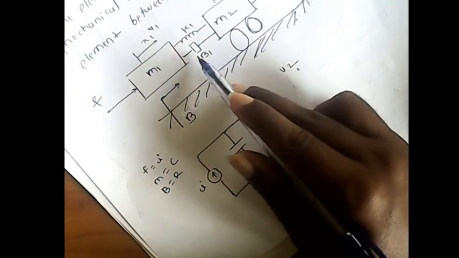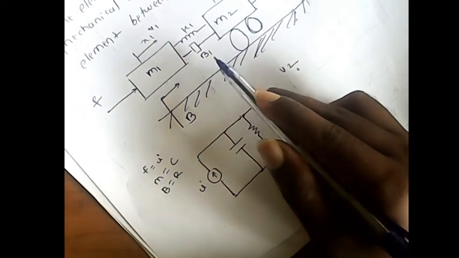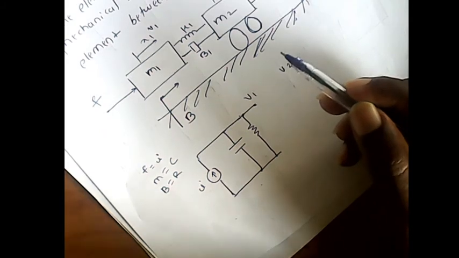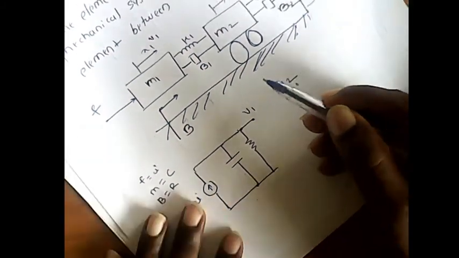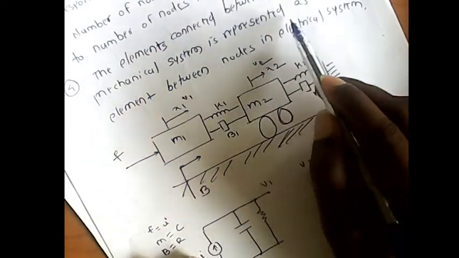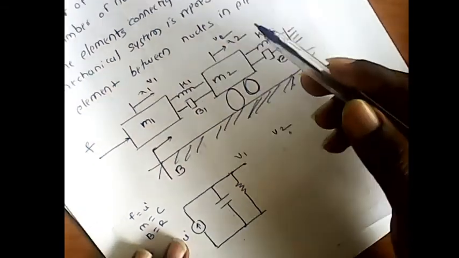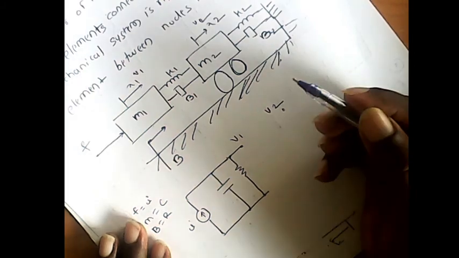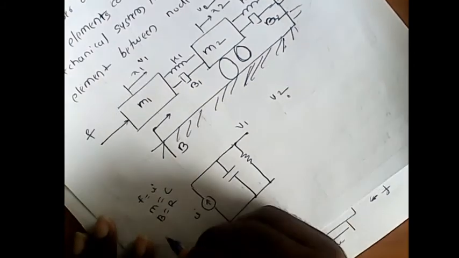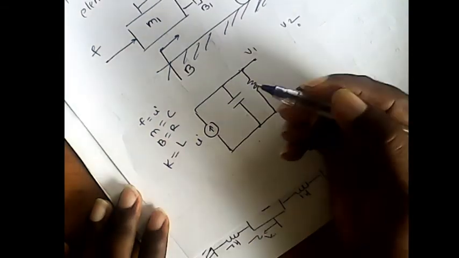The elements which are connected between two masses are represented in the same way. The element connected between two nodes in the mechanical system is represented as a common element between two nodes. So the spring, K, which is nothing but a spring constant, is represented as an inductor, parallel between the two masses.